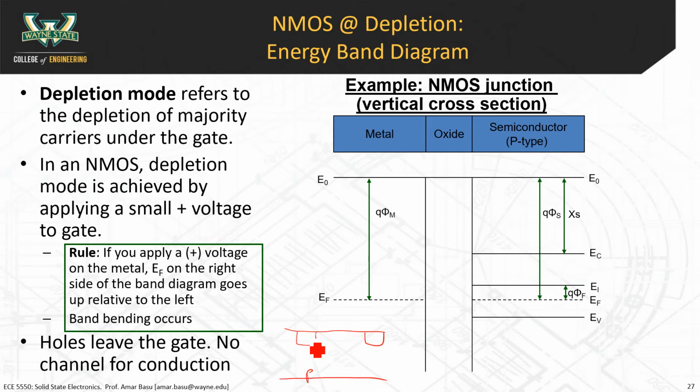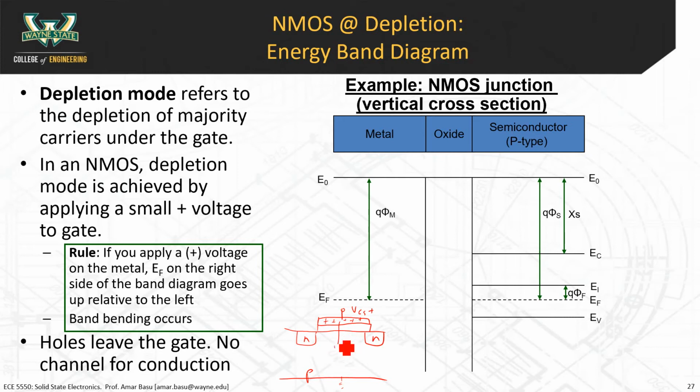So P-type substrate, we have an N-type material here. The difference in this one is that we are applying a small positive voltage to the gate. So our VGS is positive, but it's small. So you build up positive charge here. The electric field is pointing from the positive towards the bottom of the substrate.